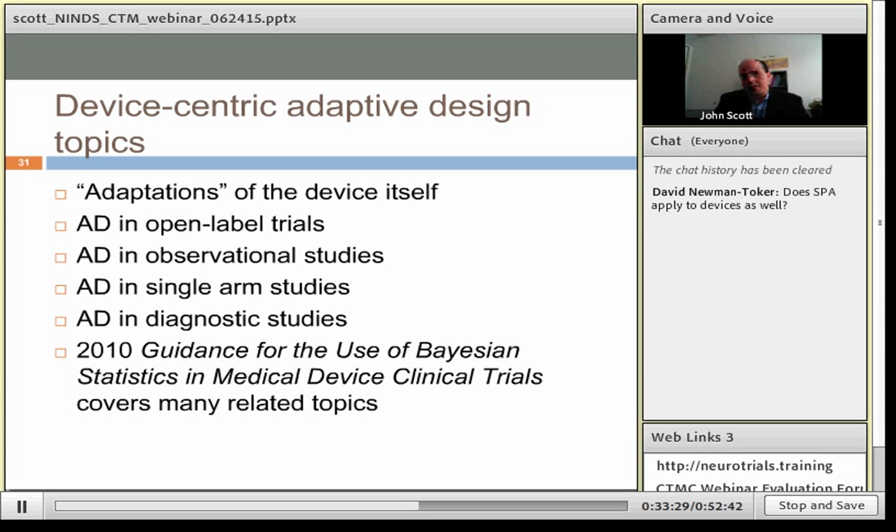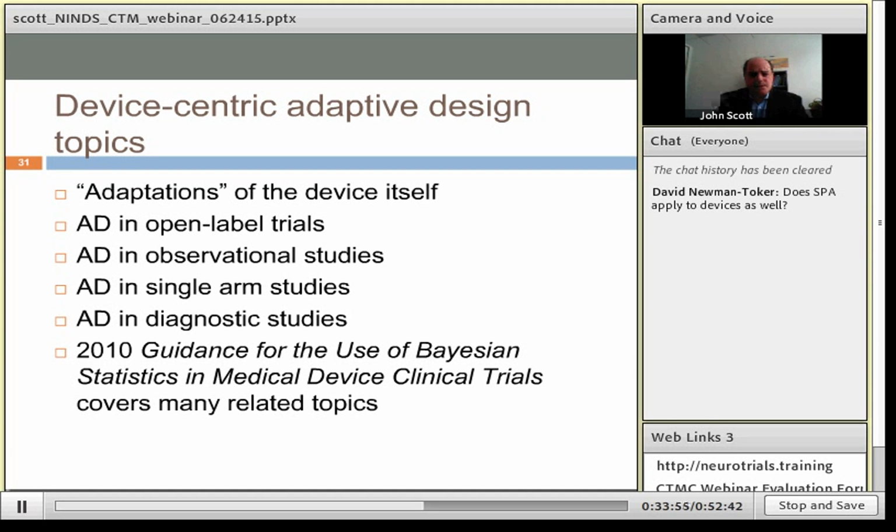You find you need a slightly bigger or smaller catheter. You have to make little changes to the device as the trial goes on. That's discussed in this guidance. It also has sections discussing open label adaptive trials, observational adaptive studies, adaptive design in single arm studies, and adaptive design for diagnostic studies.